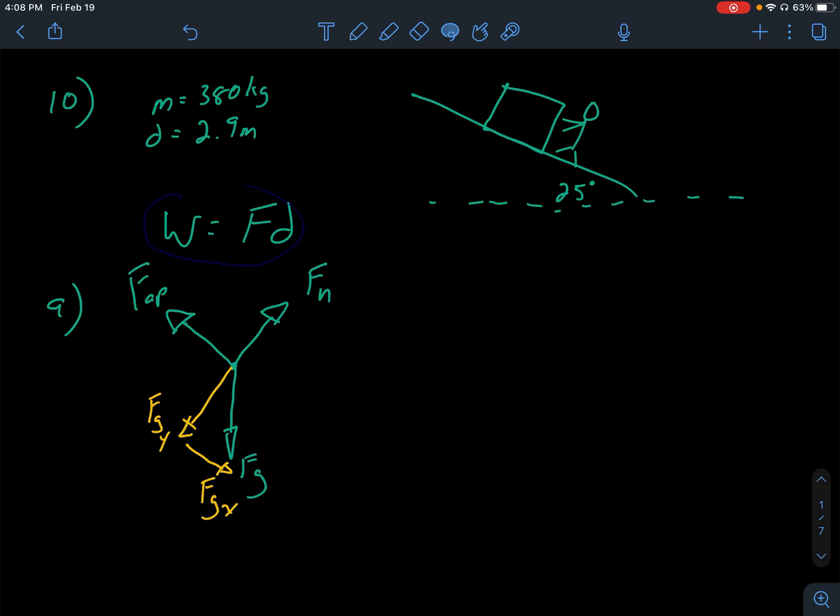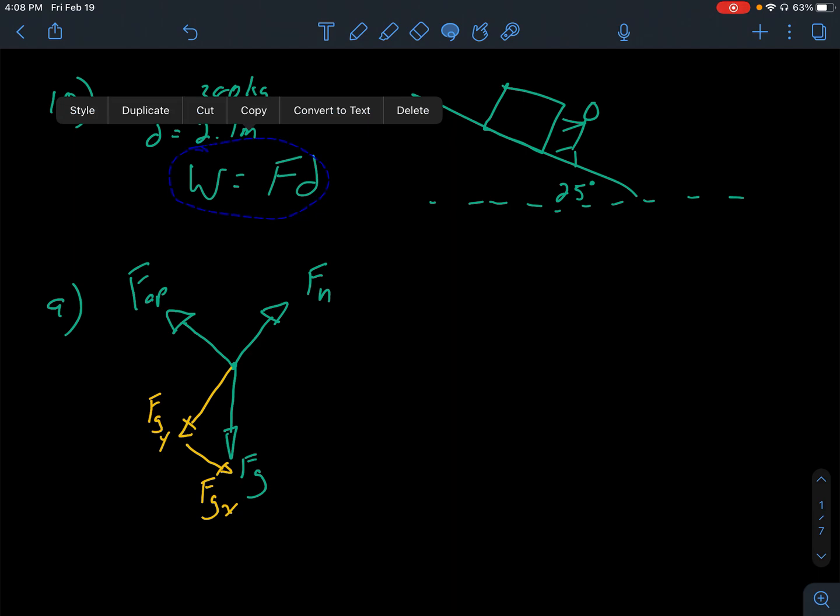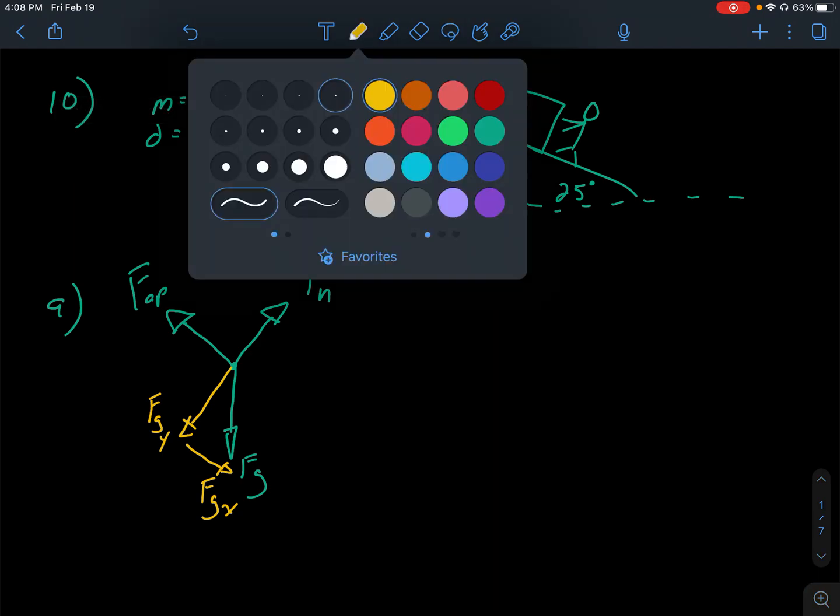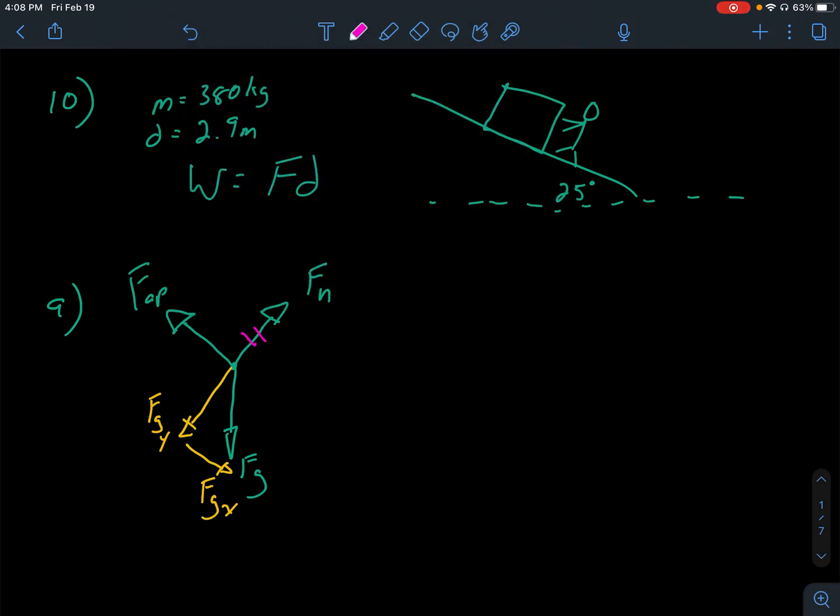Cool. So it's important to note that the normal force is going to be equal to the y component of gravity, and the applied force from the man is going to be equal to the x component of gravity, because again, we're not accelerating.